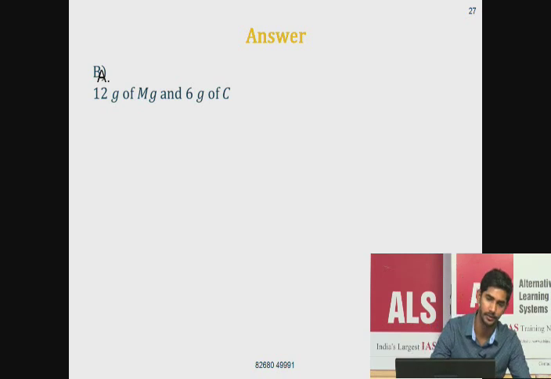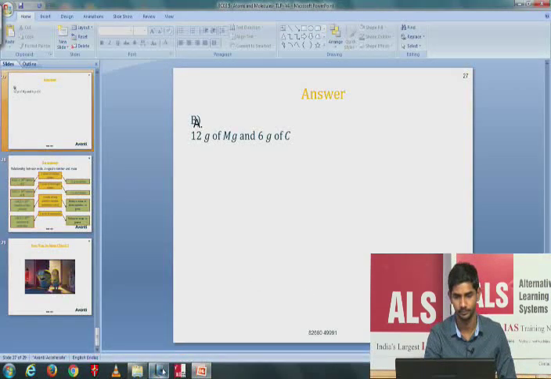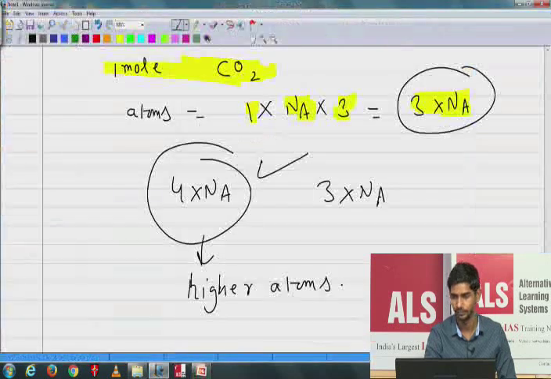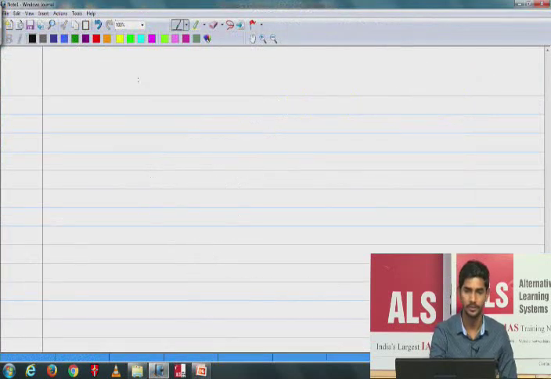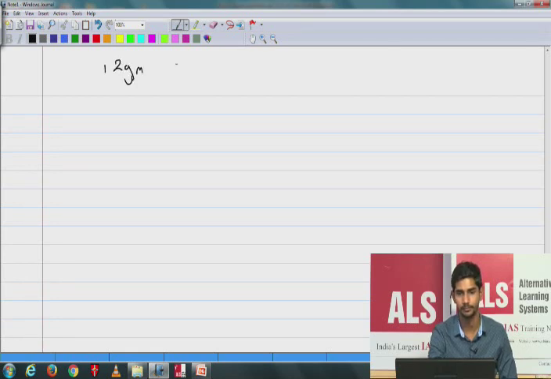Okay, I'll explain it. See, in option C, I guess the mass of magnesium was 12 gram and carbon was 6 gram. So just calculate the moles by using the formula given mass, which is 12, and molar mass is 24.